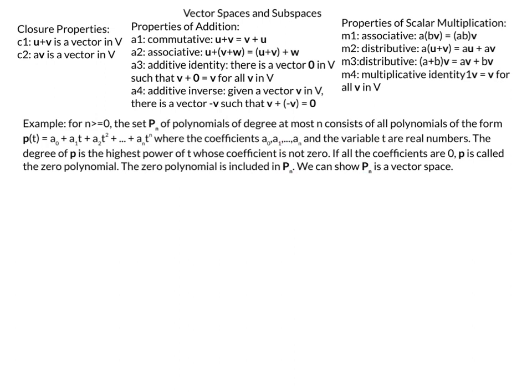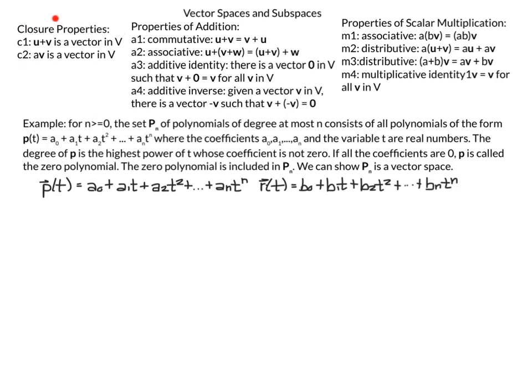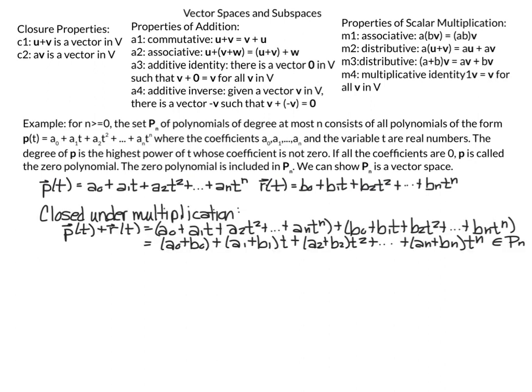So we can show that Pn is a vector space. The properties I will start with are the closure properties. I take p as one polynomial of degree n and r as my second polynomial of degree n. Now when I add p of t with r of t, I substitute my expansion of p of t and my expansion for r of t.